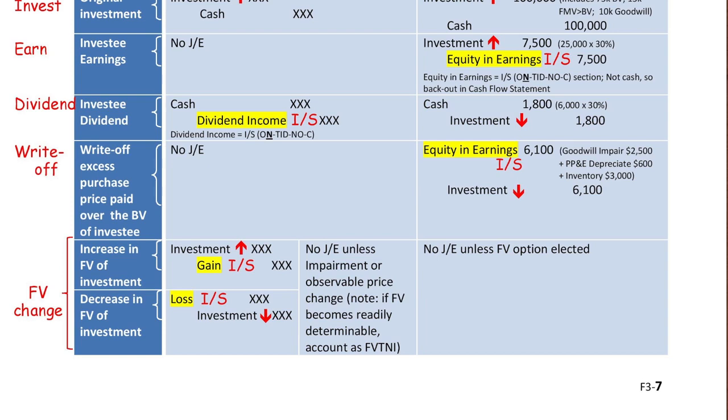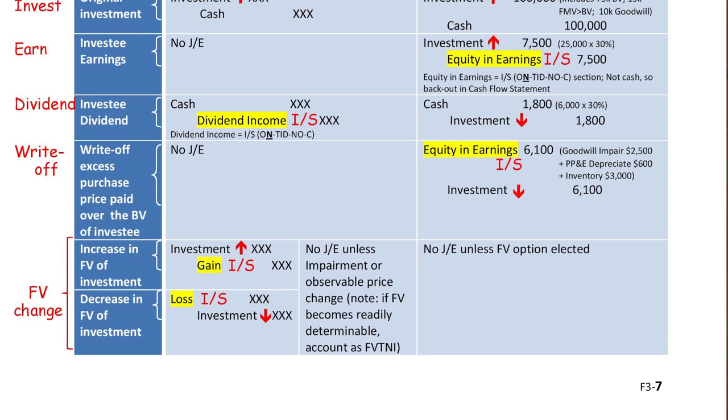Now, we've learned that when the investor has no influence over the investee and the fair value of those investees' equity securities are not readily determinable, for example, the investee is a private company, in that case, the exception rule kicks in, where the investor accounts for those investment in equity securities using cost, which is adjusted for any impairment losses as well as any observable price changes.